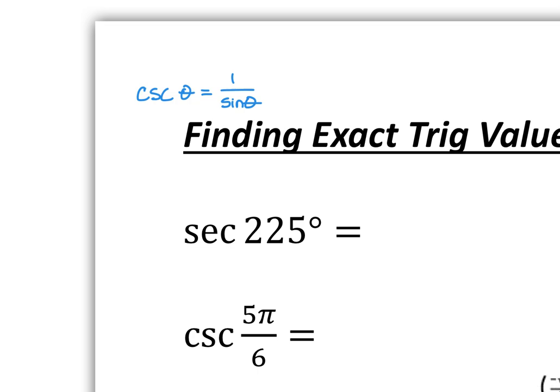And remember that that just means the reciprocal of sine. And similarly, secant of an angle equals 1 over cosine of the angle. And again, that just means take the reciprocal of cosine.